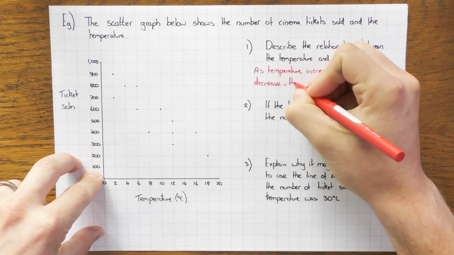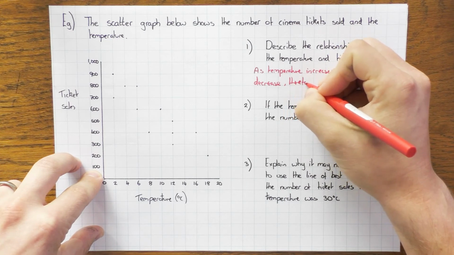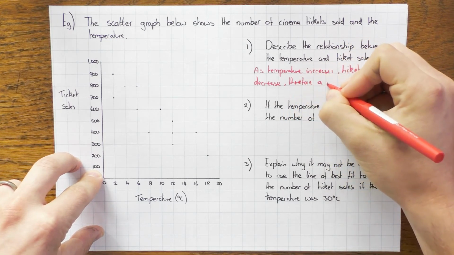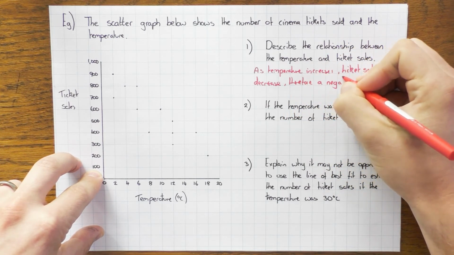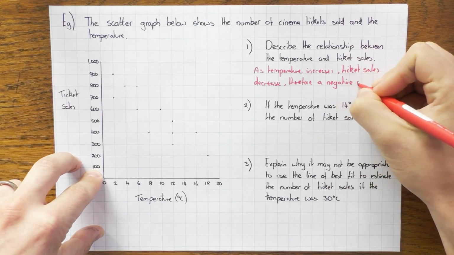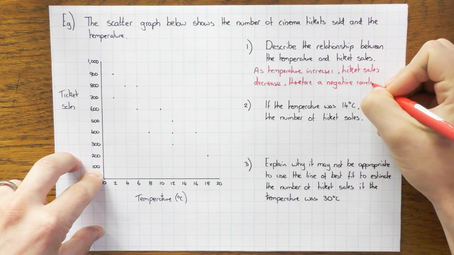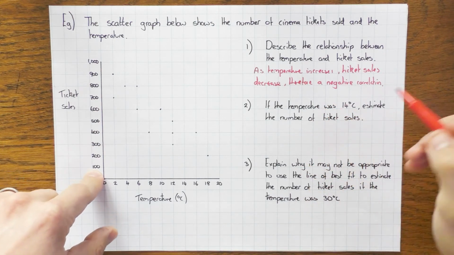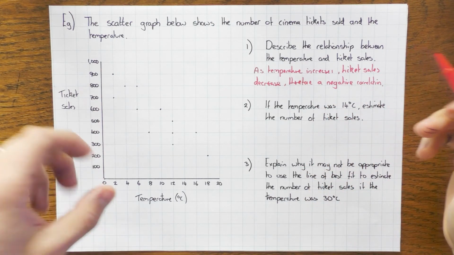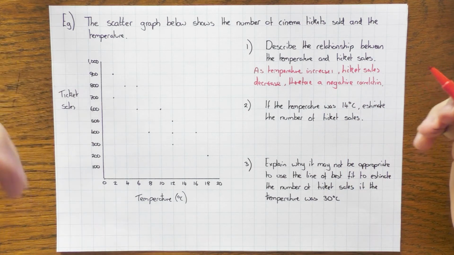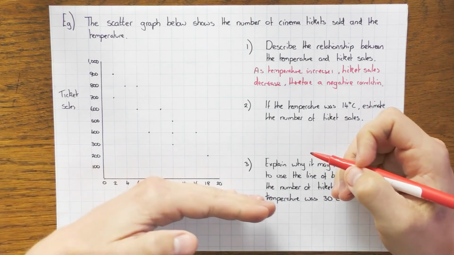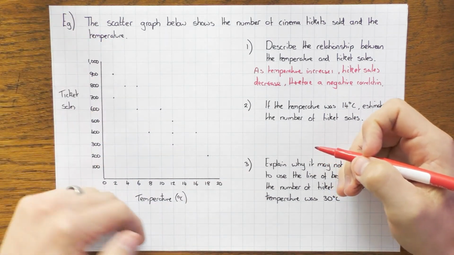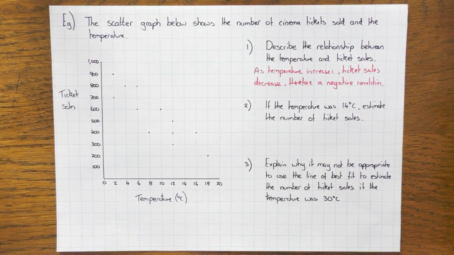We say therefore a negative correlation. Okay, so you have to do a little bit more detail there. You can't just go negative correlation, although that is correct. When it says describe the relationship, just go a little bit more detail. As temperature increases, ticket sales decrease, and then you add your negative correlation.